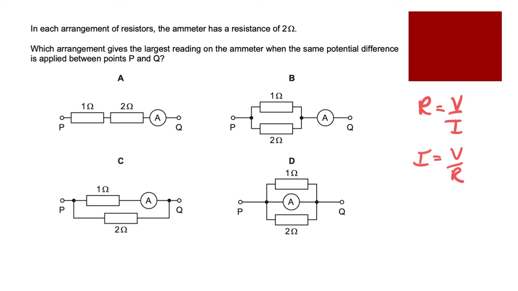So let's take a quick look here. Well, that's not going to be this one, because we can see that they are in series, so it's going to have the largest effective resistance. So that one's definitely out. In B, I have these two in parallel and then the ammeter right after it. That's going to have a lower resistance than 2 in series.